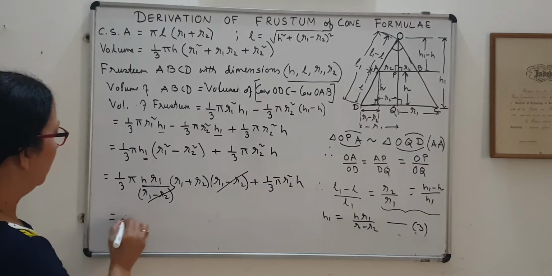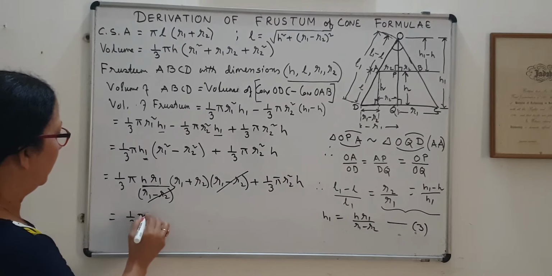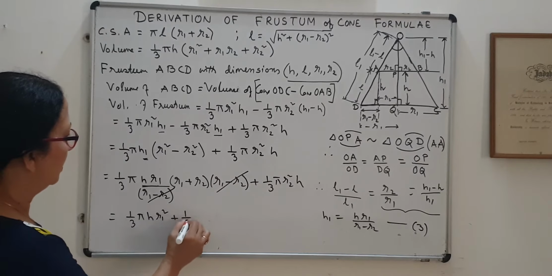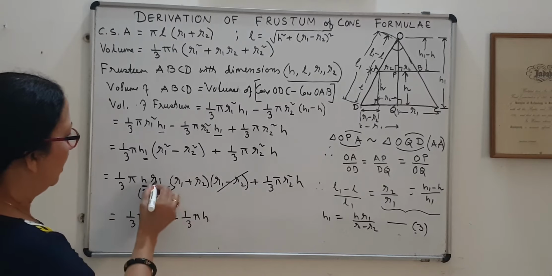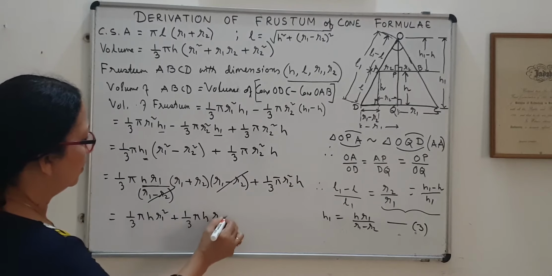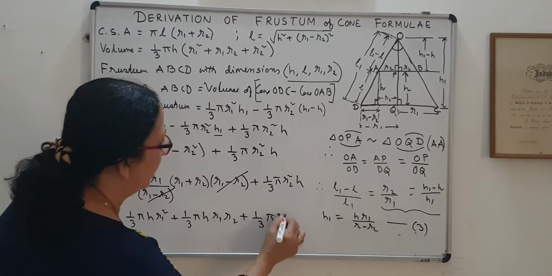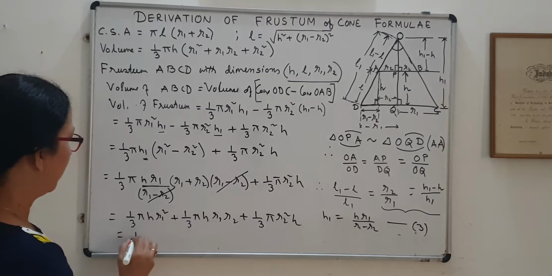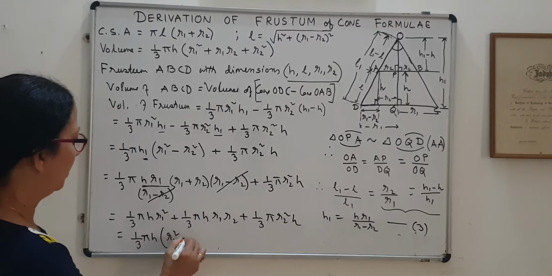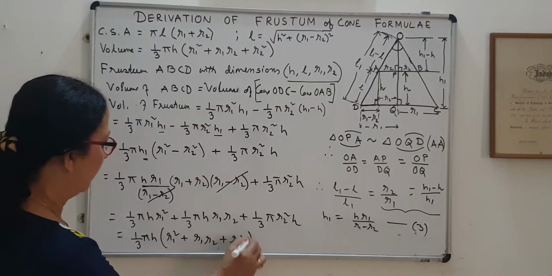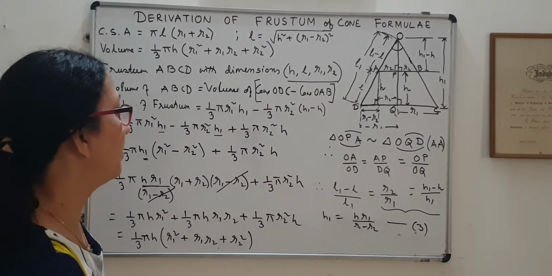Now let me open: 1/3 pi H R1 into R1 square plus 1/3 pi H R1 into R2, and lastly 1/3 pi R2 square H. In the last step I take common 1/3 pi H, so I am left with R1 square plus R1 R2 plus R2 square. Hence the formula for volume is derived.